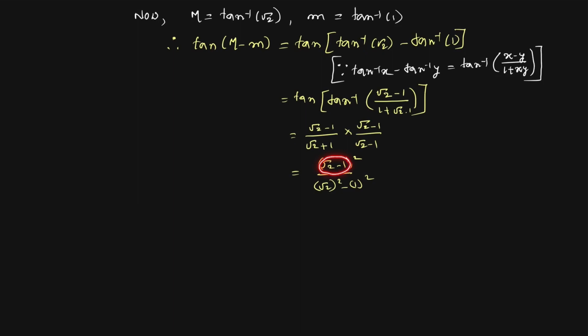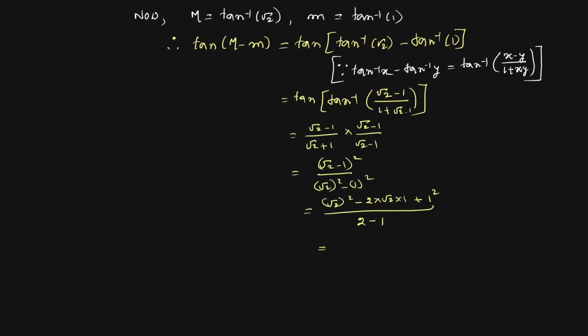Now we expand this with the help of the a minus b whole square formula. So this is equal to root 2 whole square minus 2 into root 2 into 1 plus 1 whole square, divided by root 2 whole square, that is 2, minus 1 square, which is 1.